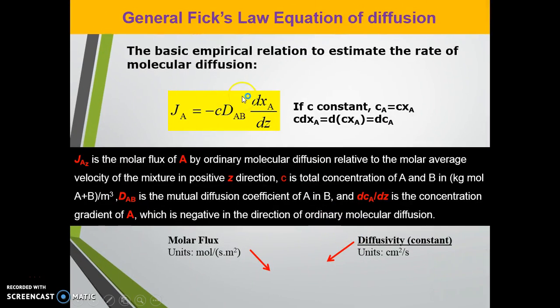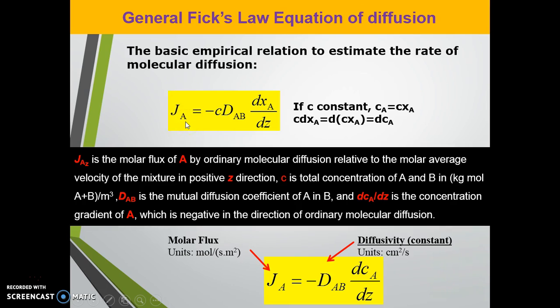So this is the equation for Fick's law. Whenever you know about Fick's law, it always relates to the diffusion process. Fick's law states JA equals minus C DAB dXA over dZ. So what is JA?